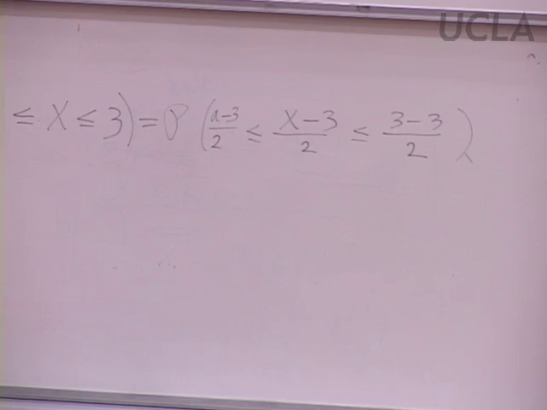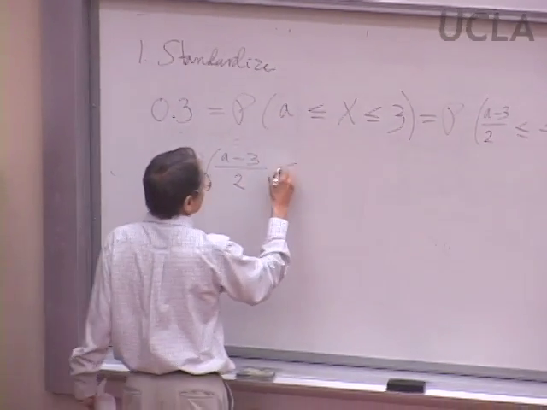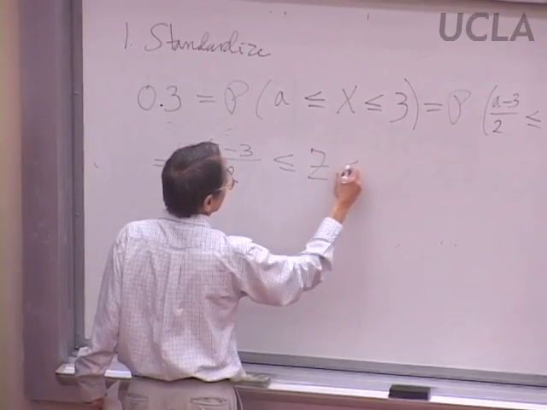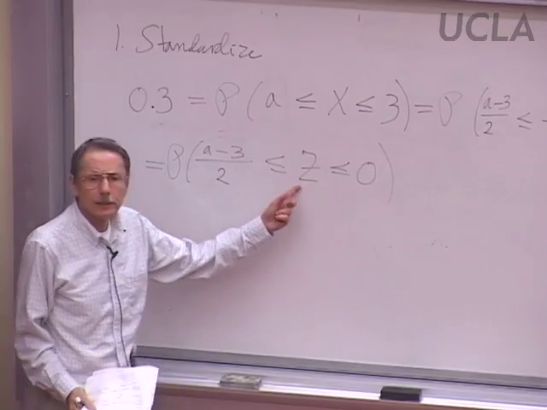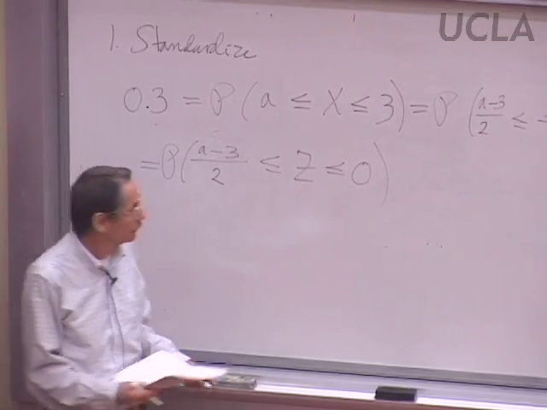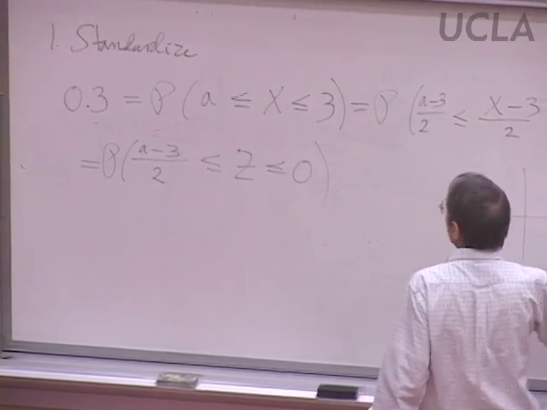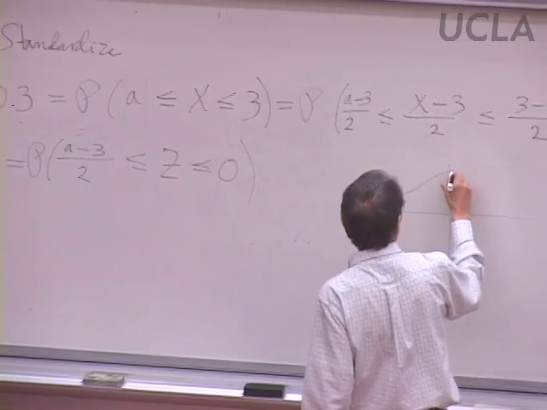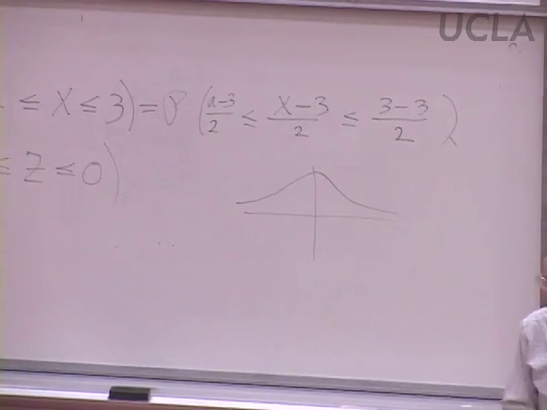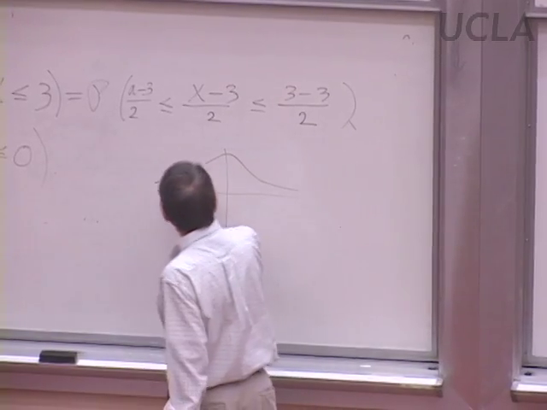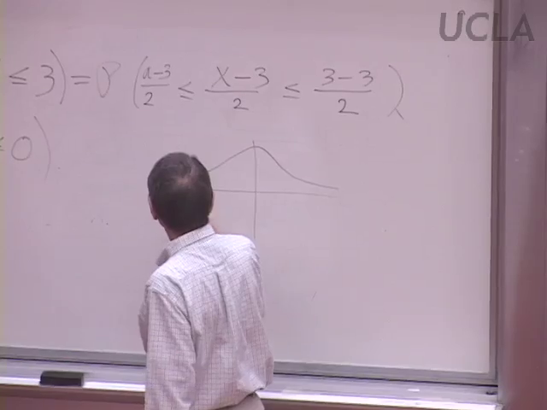And the reason we do that is that now we have the standard normal distribution. So the previous picture standardized. We're looking for a number we don't know, (A minus 3) over 2.